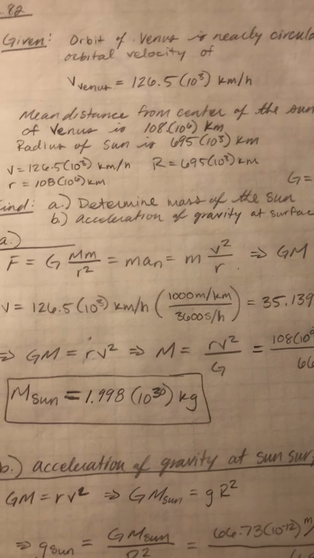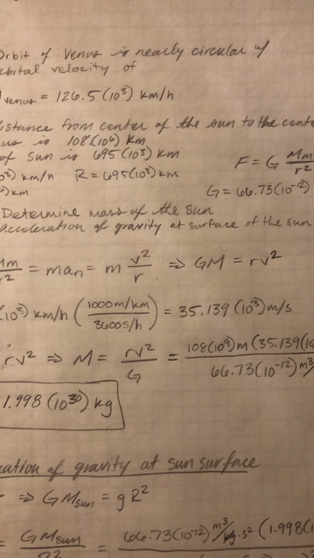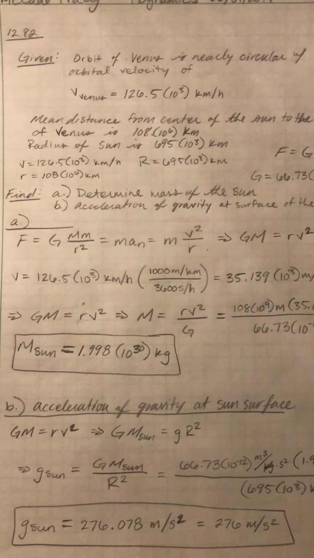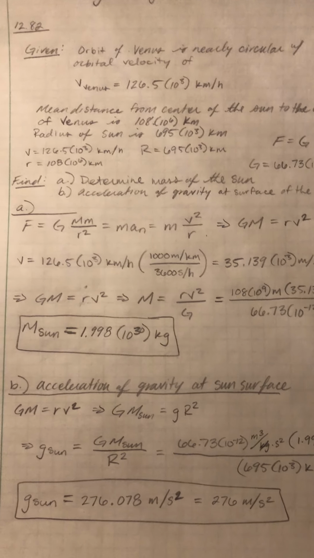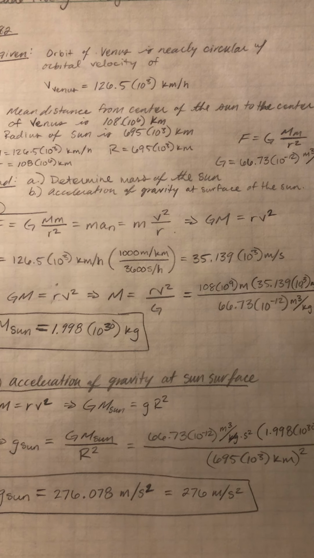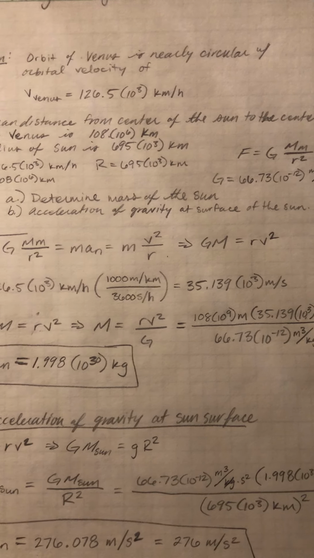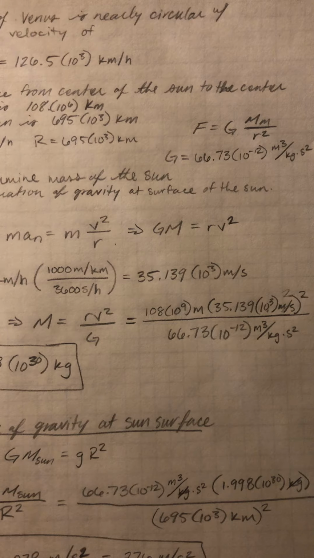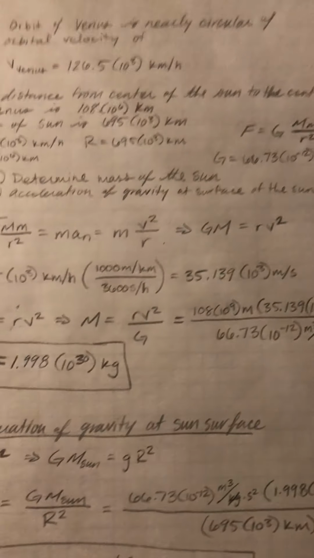Manipulating that to something else that we know of mass times velocity squared over R, and plugging in our values that we know, solving for the velocity, we get 35.139 times 10 to the third meters per second.